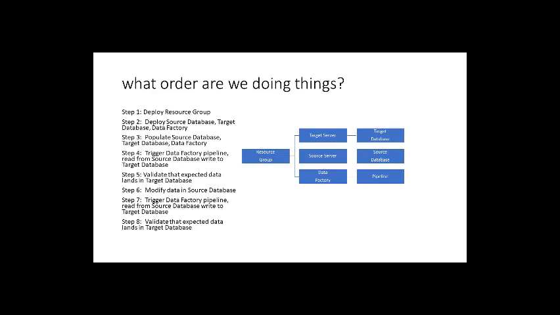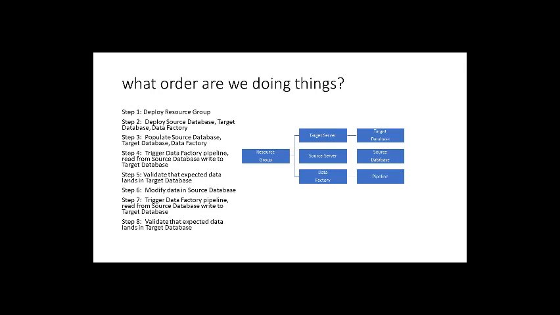Now that we know what we're doing and what we're doing it with, what order are we going to do them in? Our first thing is we're going to deploy a new resource group, and this gives us a deployment boundary. It also means that when we're done, we can drop the resource group and all of the resources within it are dropped also.